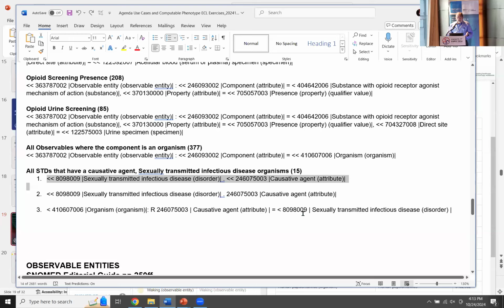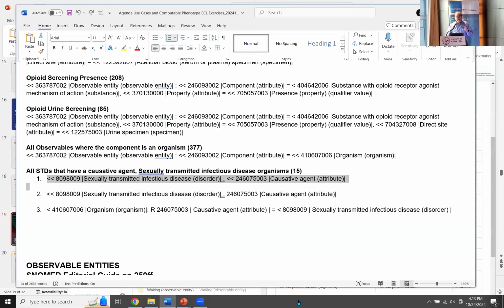The interesting part of it, and I'm sorry I don't have the query here, is what you're doing now is once you have the ECL statement that gets all of the things that you wanted, Neisseria, gonorrhea, and syphilis, and all those guys, then you say, I want the laboratory observations where those things are the value of the component. And so now you've got a parentheses and an equal sign to be able to stick that statement in as the value of the component in the ECL.